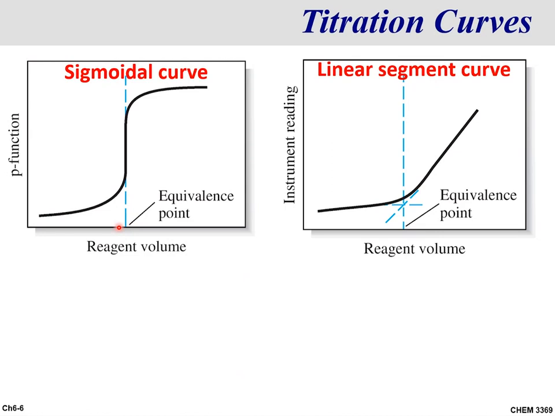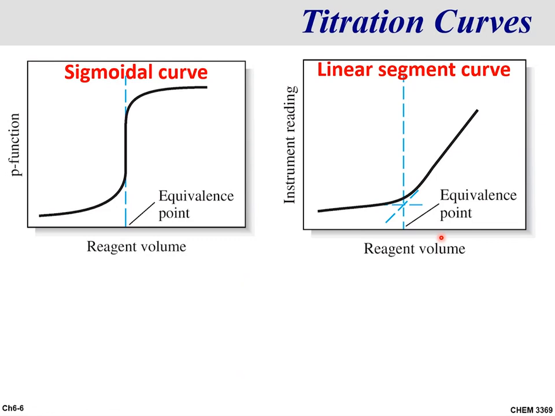The measurements near that equivalence point are avoided, and in this type of curve, the vertical axis represents the instrument reading directly. The y-axis is the instrument reading, and the x-axis is the same as in the sigmoidal curve, the reagent volume.